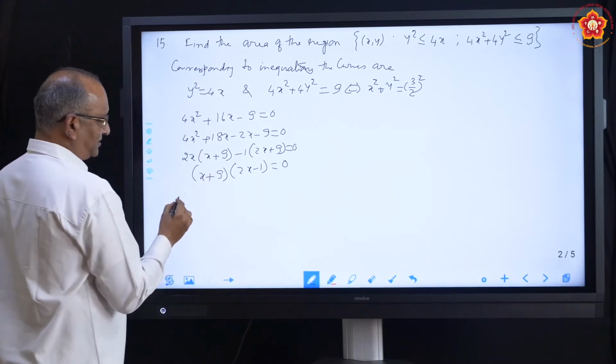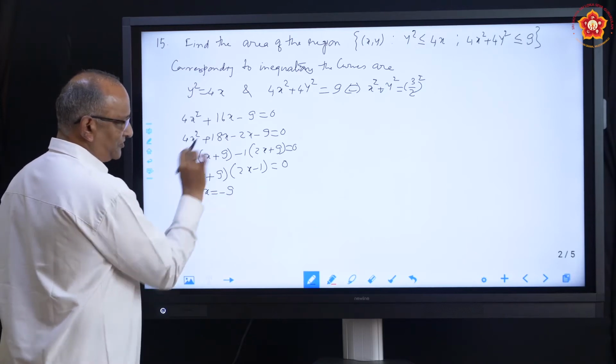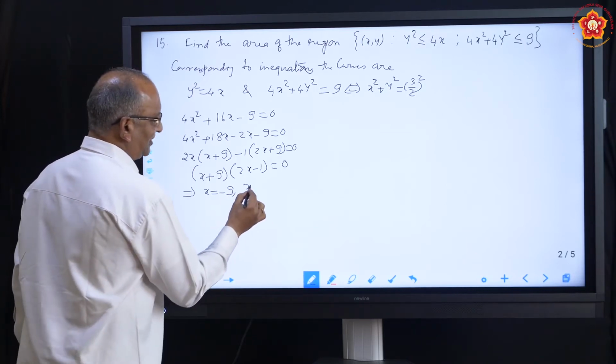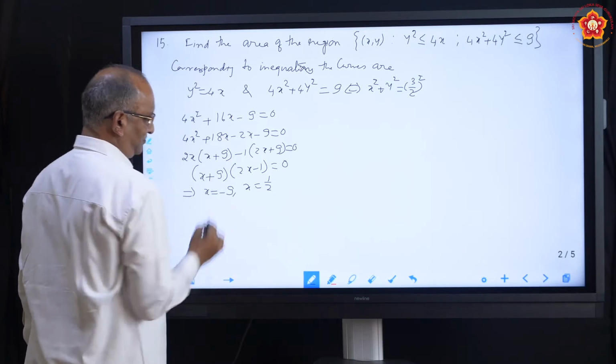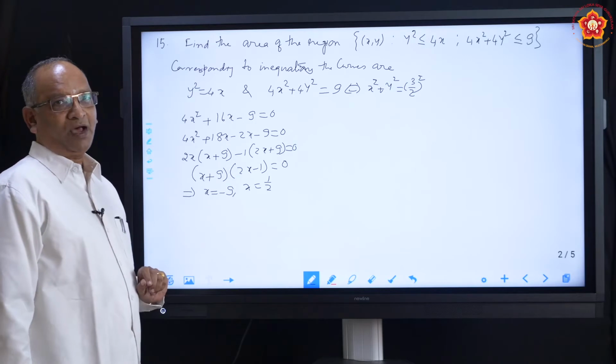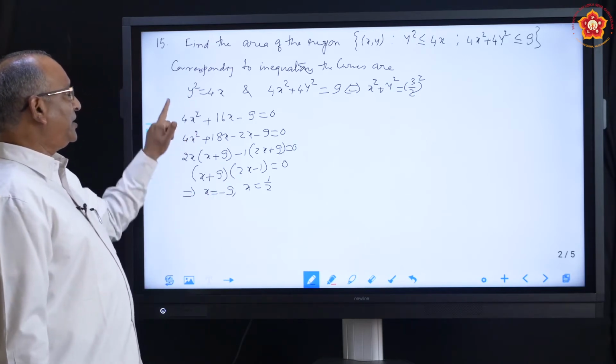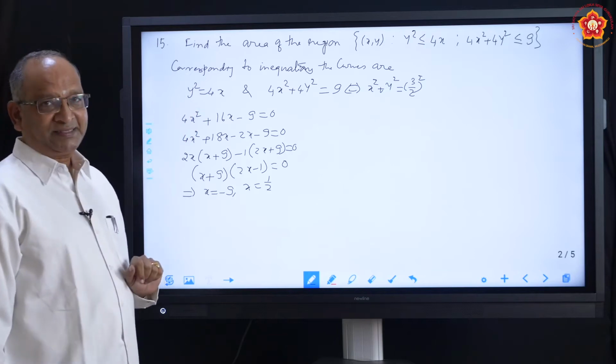So either this is 0, if this is 0 you get x equal to minus 9, which will not satisfy, and this will give you x equal to 1 by 2. We got two values, x equal to minus 9, x equal to half. But if you substitute x equal to minus 9 here, you get y square equal to minus 36.